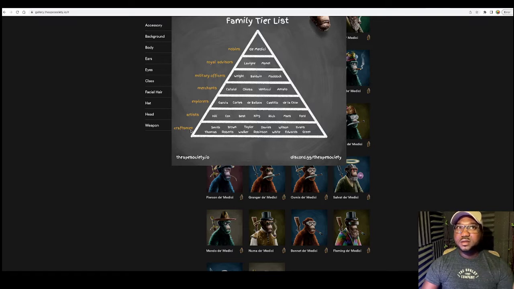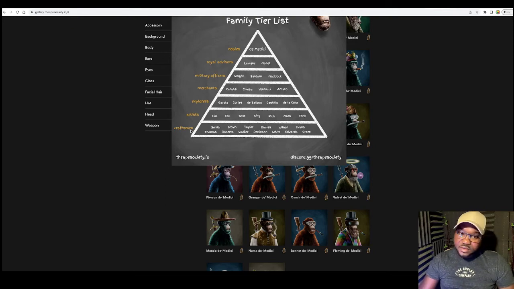But the thing that, I have to commend these guys, it's not just that the craftsmen are common, and then if you have a craftsman, you're supposed to feel less about the fact that you have a craftsman versus a noble, because every single NFT has its own attributes that allows it to function in the ecosystem and have value in the ecosystem, right? And we're going to look into that next.